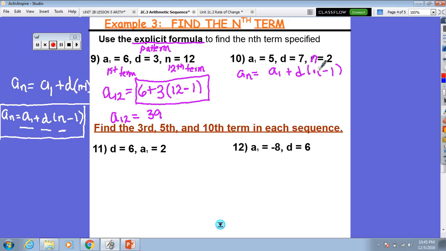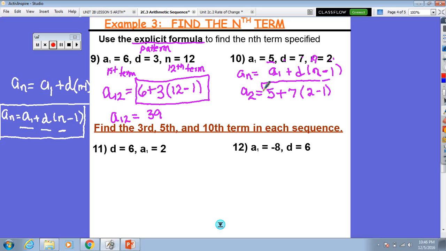Alright, so now we're ready to plug into the formula. So a sub 2, because that is the number for n, equals a1, which is 5, plus d, which is 7, times n, which is 2, minus 1.